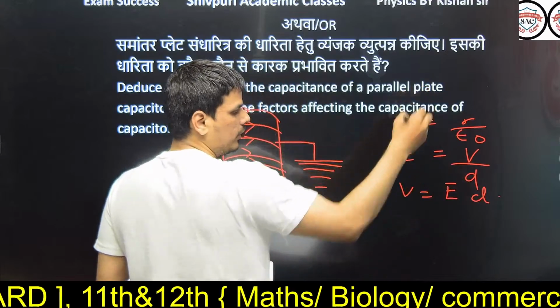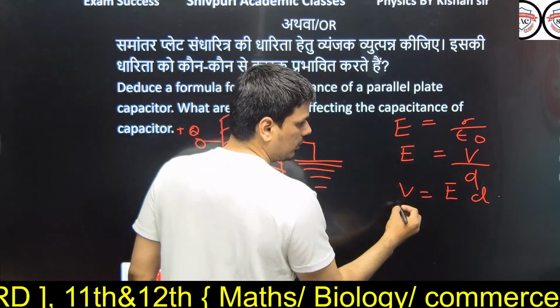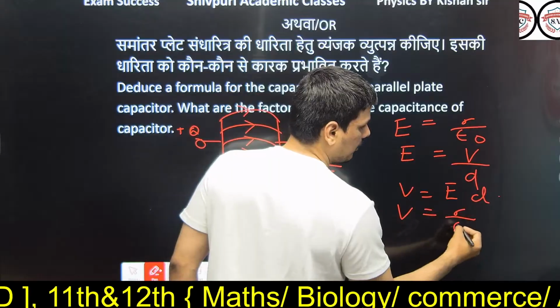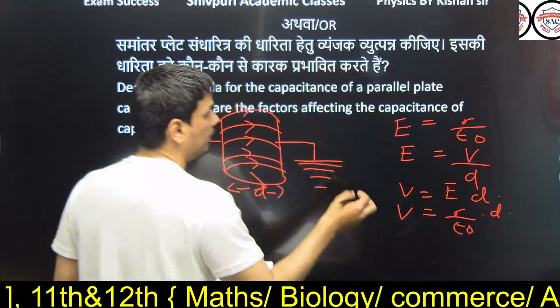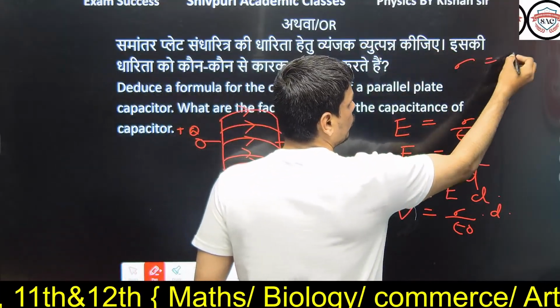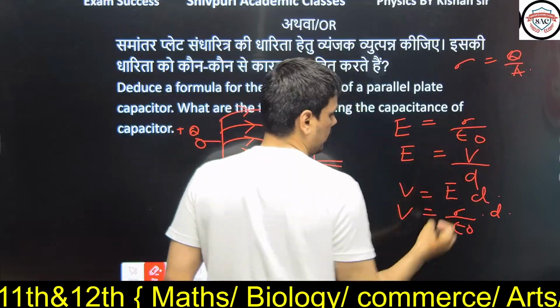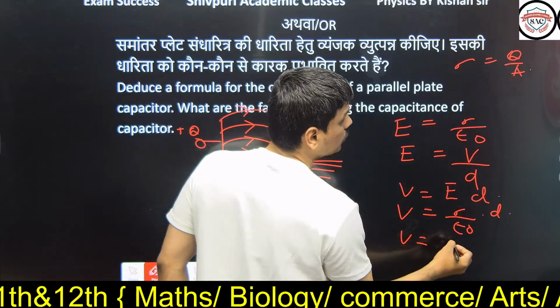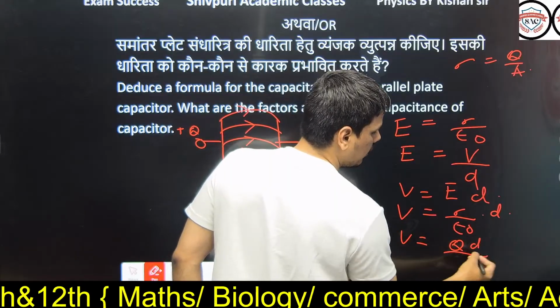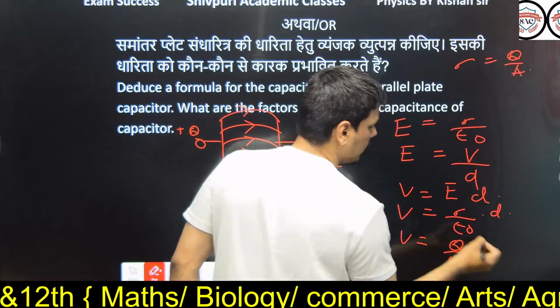Put the value of E from the above equation, so we will get V equals sigma by epsilon naught into D. But sigma equals Q by A.